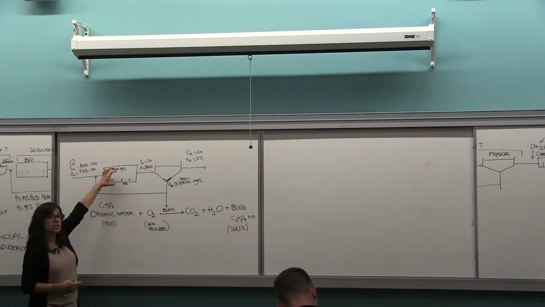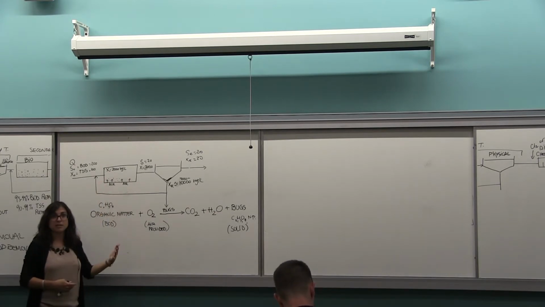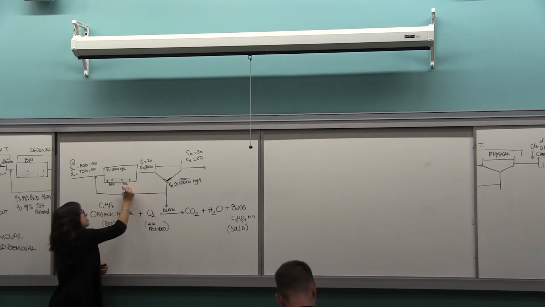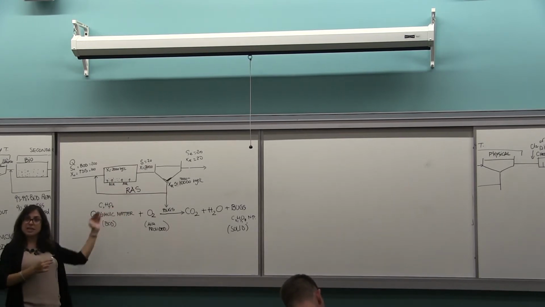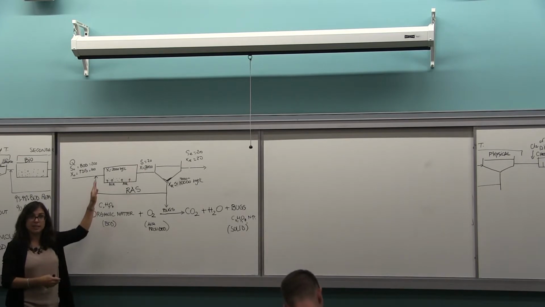Because either I make this very big, or I need to concentrate a lot of bugs in there to make the process faster. So a way to do that is what we call the recirculated activated sludge line, and we send back bugs at the beginning of the tank.